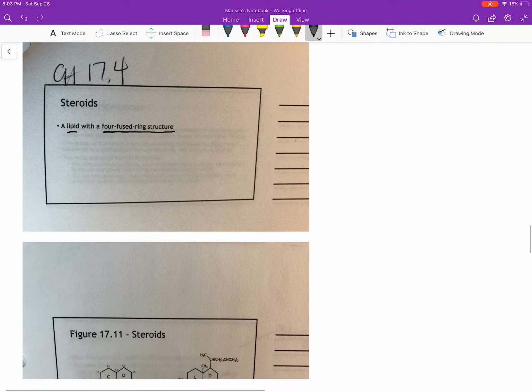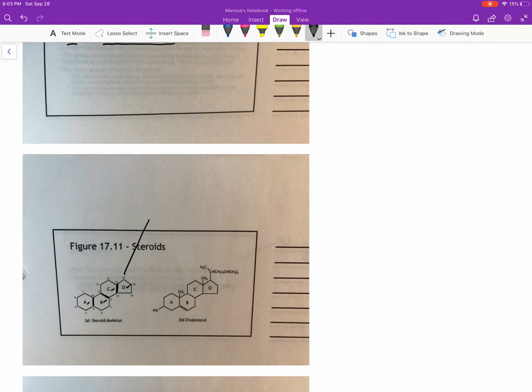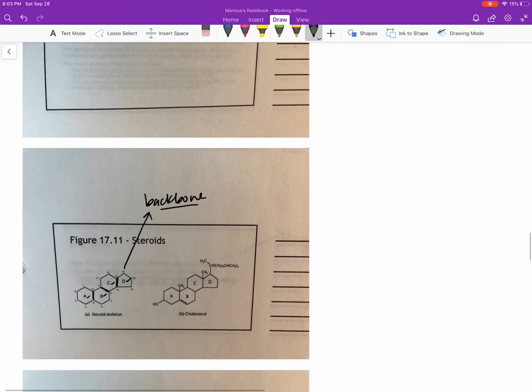What that looks like is this: 4 rings. And by fused, it means they're connected like this. Instead of being independent rings, they are fused together. And so this is considered to be like the backbone. Everything else is going to be built off the backbone. This is kind of like your base model car, and anything extra is considered to be extra.